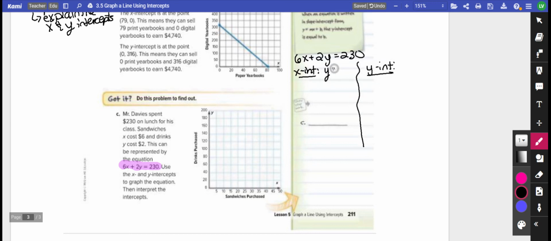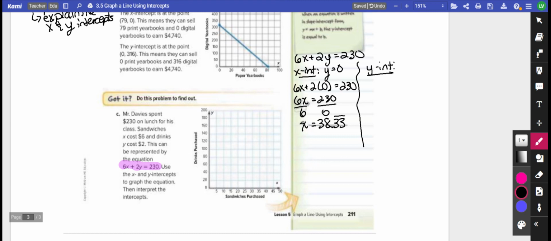So if I have the x-intercept, that means I want to make y equals 0. So 6x plus 2 times 0 equals 230. So 6x equals 230. I have to divide both sides by 6. I get x equals, bear with me a moment, 38 and 1/3, 38.33 repeating.